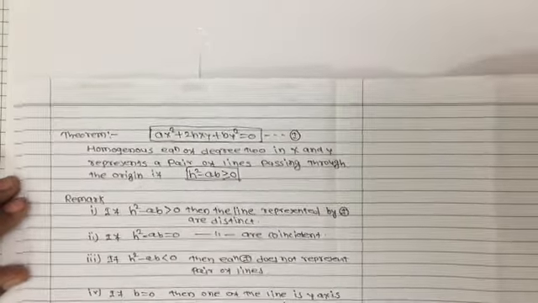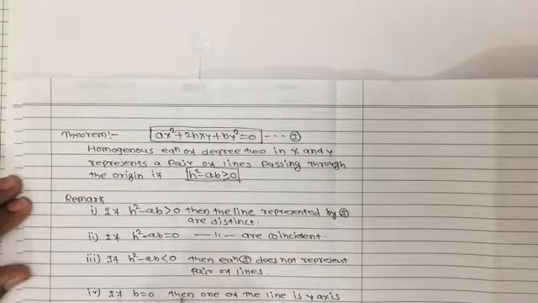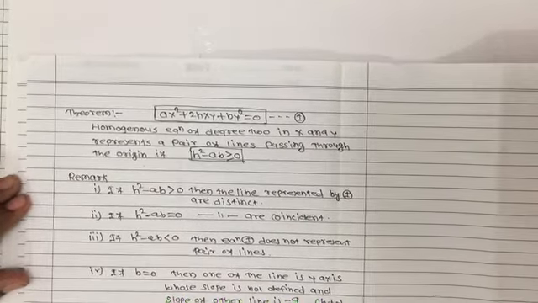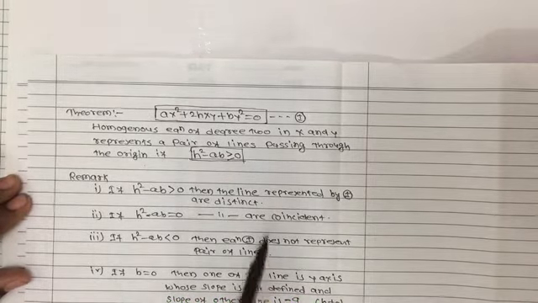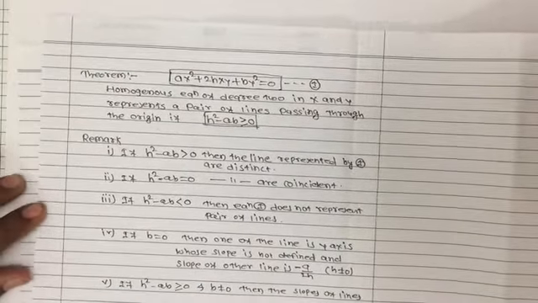We have seen one example also. Remember, this h square minus ab decides whether the lines are coincident, meaning parallel, or distinct, or whether this second degree equation does not represent a pair of lines passing through the origin. Under what condition?